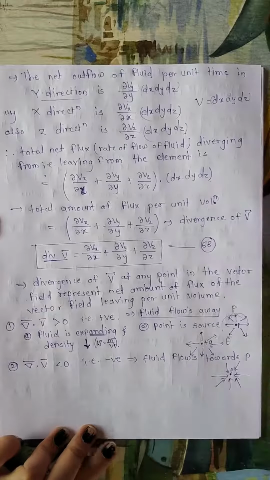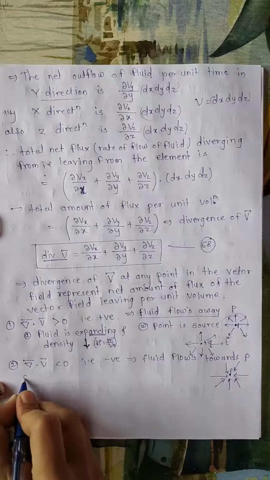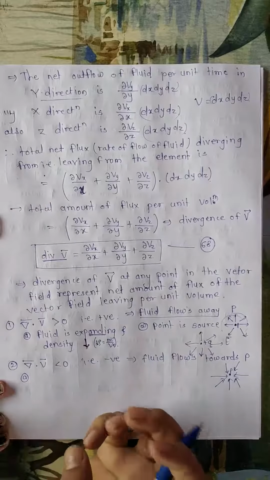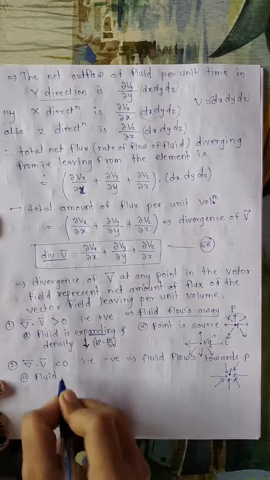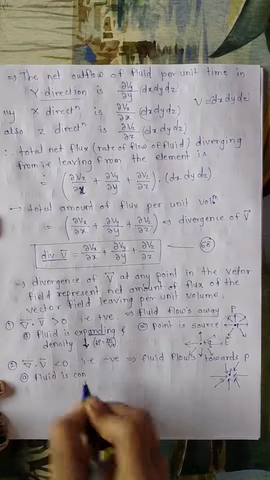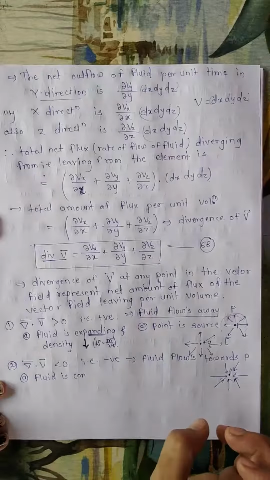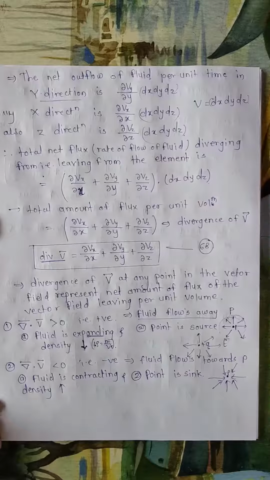If the direction is towards the point P, then there are two meanings: our fluid is compressing or contracting, and if fluid is contracting, then volume is decreasing, and if volume is decreasing, density is increasing.